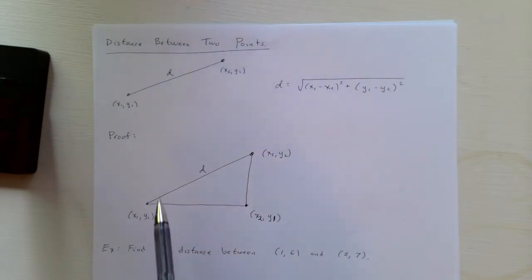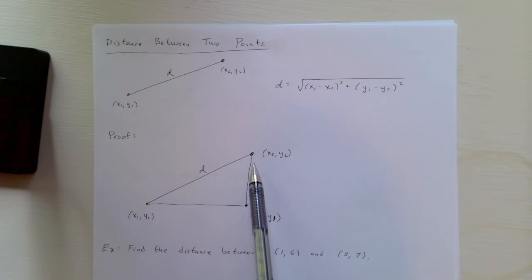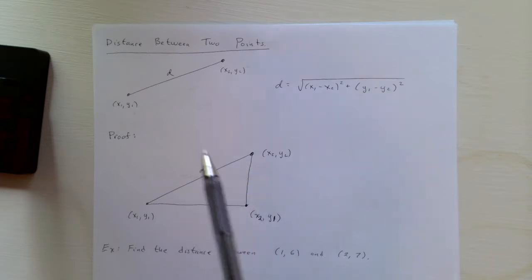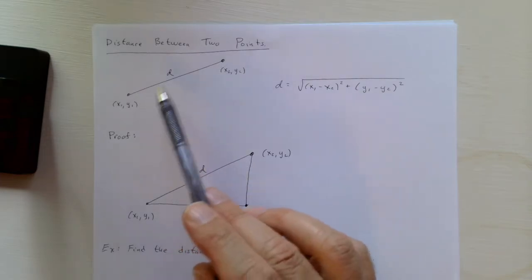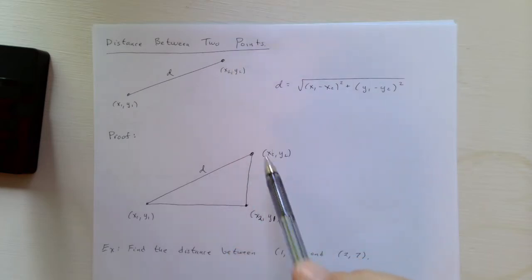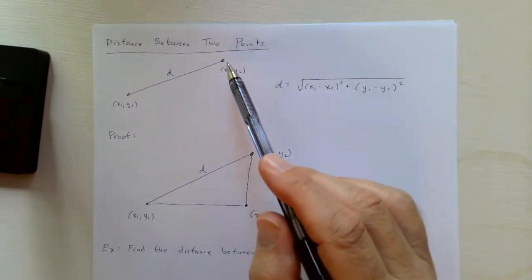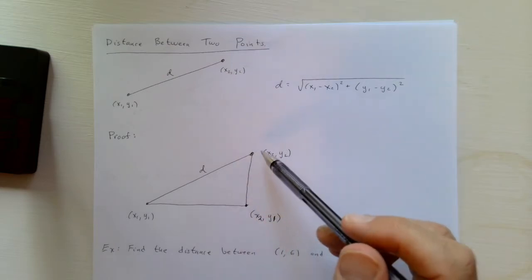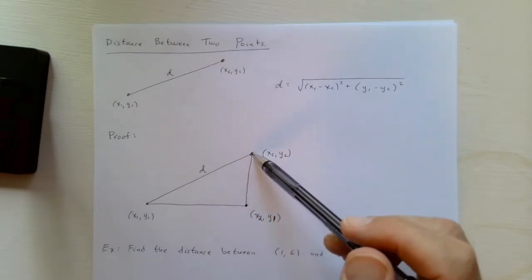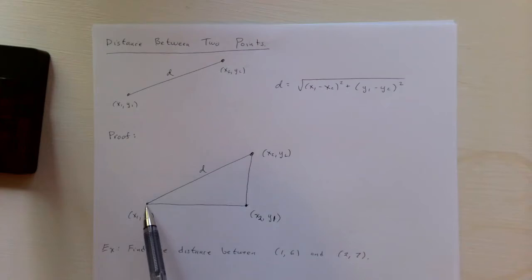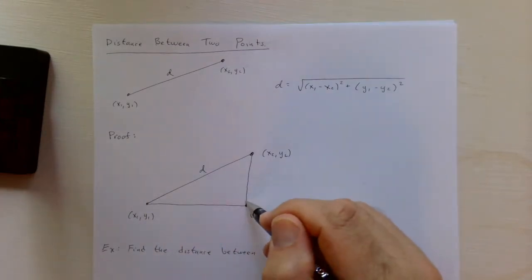Before I do any examples, just to show you how this follows nicely from the Pythagorean theorem, if we take this same line segment here and make a right triangle out of it, where we take a vertical line passing through this point and a horizontal line passing through this point, and they intersect at this point, we get a right triangle here.